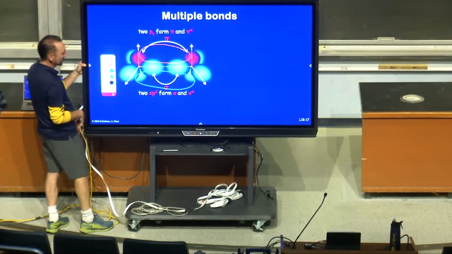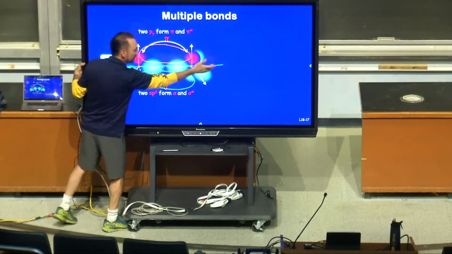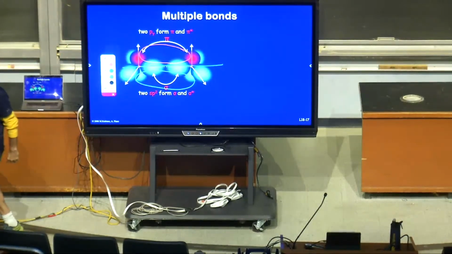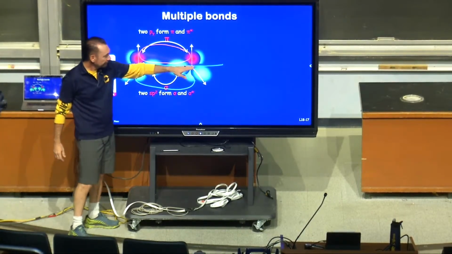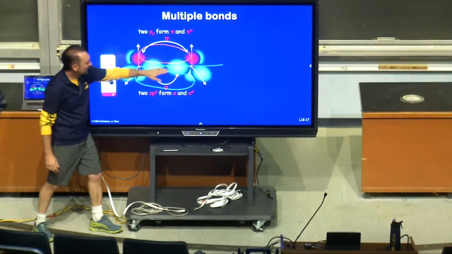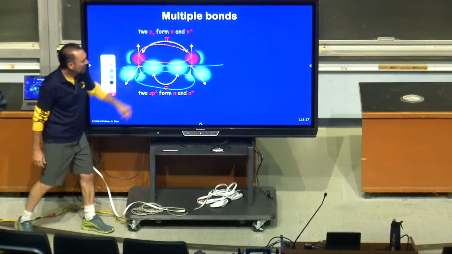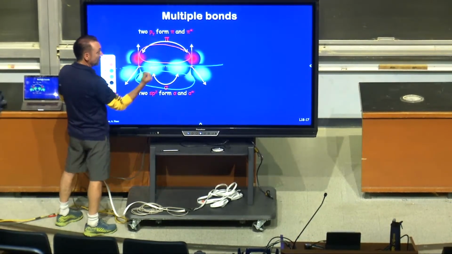And that pi bonding orbital, you can see, has a node, a planar node right there in the xz plane. There's a planar node for that orbital. So that orbital has 1 node.